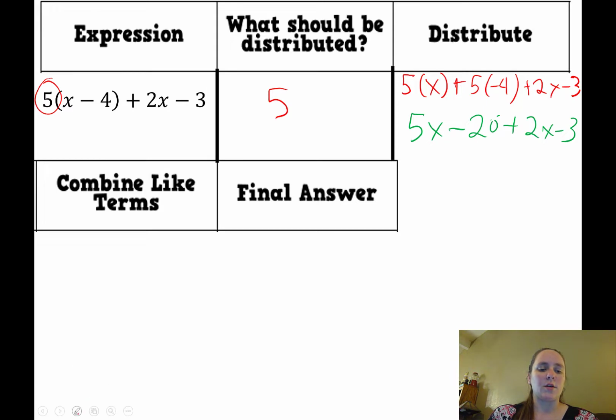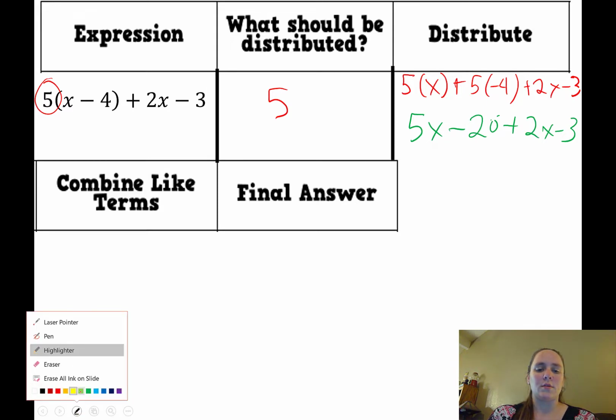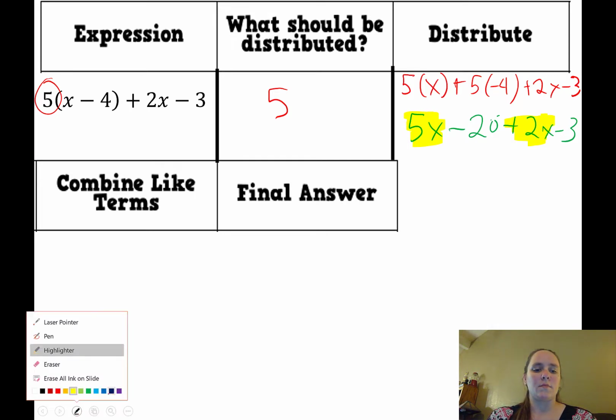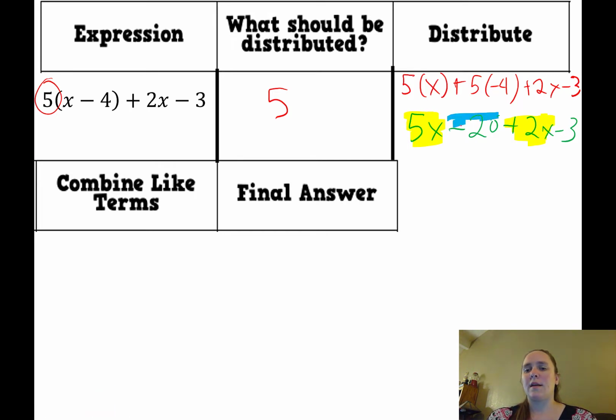Highlight your like terms. So I have 5x and 2x are like terms. And negative 20 and negative 3.